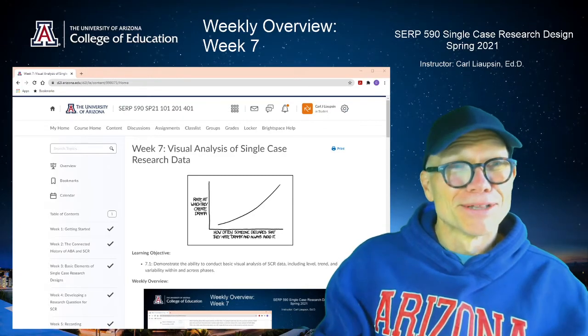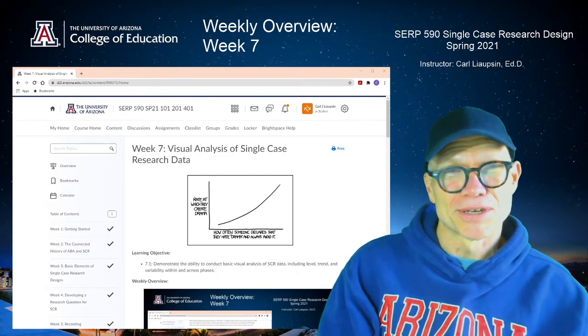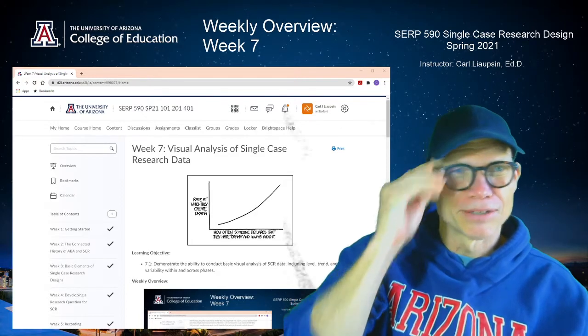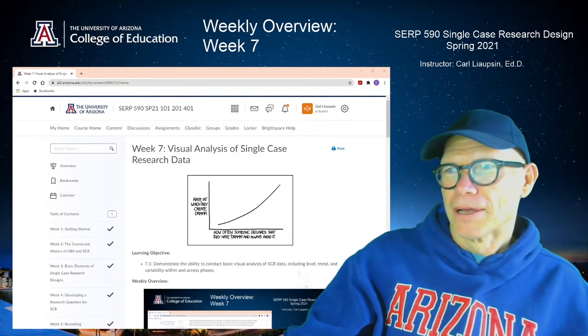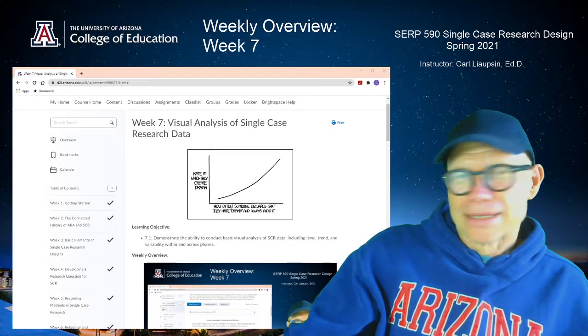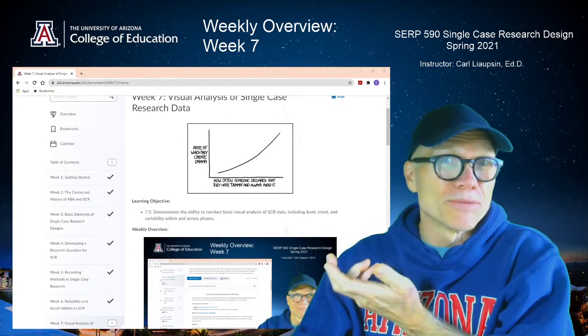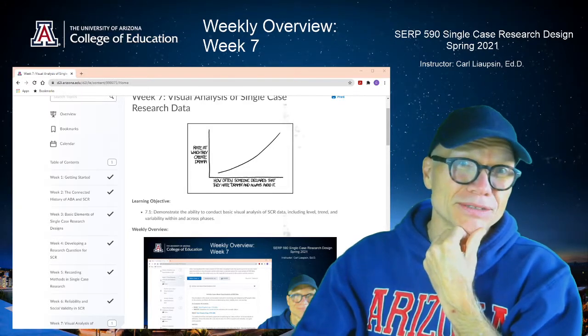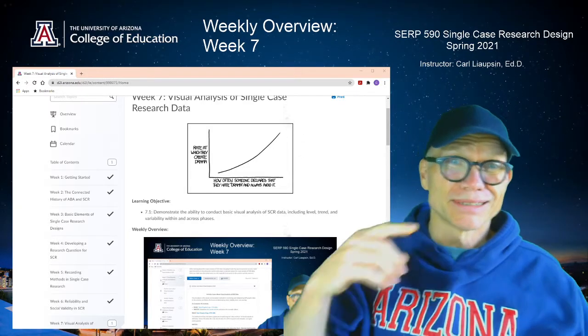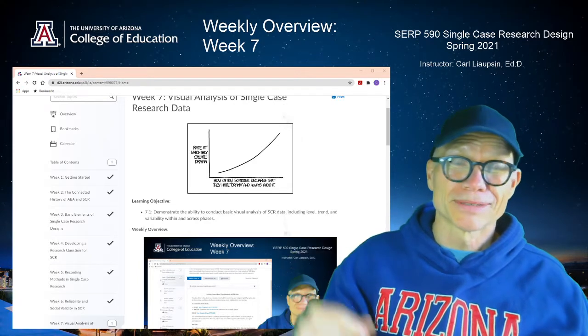So this week we're going to focus on something near and dear to my heart, which is visual analysis of single case research. Some single case designs in articles that you will look at, and even your own data from clients, can look really messy, right? It's like up and down and all over the place.